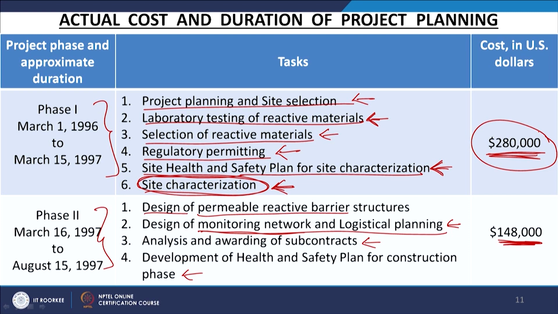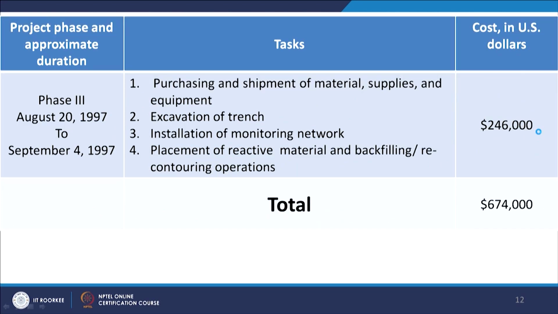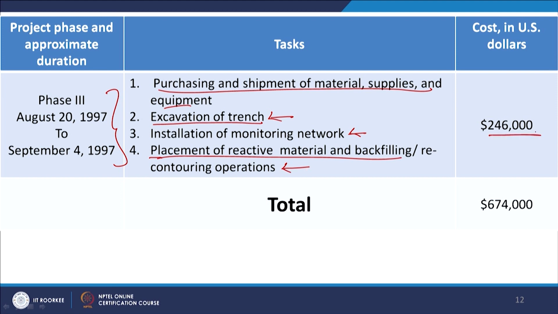So again we looked at 2 phases, and obviously the third phase is purchasing, shipment and so on, excavation of trench, maybe not that costly but still adding to the relevant costs, installation, and then placement of the PRB or constructing the PRB, if I can say that, and recontouring operations so that the site isn't affected. That again adds up to about $250,000. So what did we have for phase 1?